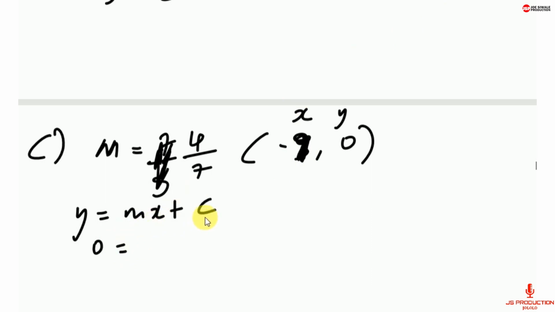So we're going to calculate c there. We're going to say 0 is equal to m, which is 4 over 7, and our x, we know that's negative 9, then plus c.